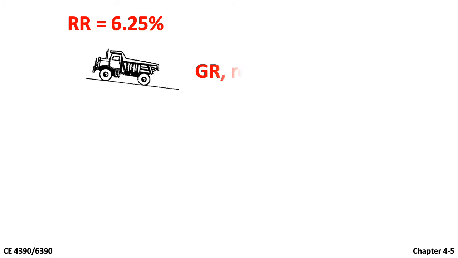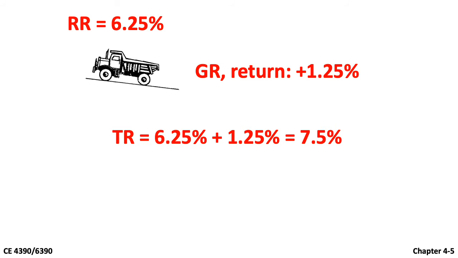So when returning, the truck goes uphill, so the grade resistance is going to be 1.25%, and by adding the rolling resistance of 6.25% with 1.25%, you get the total resistance of 7.5%.